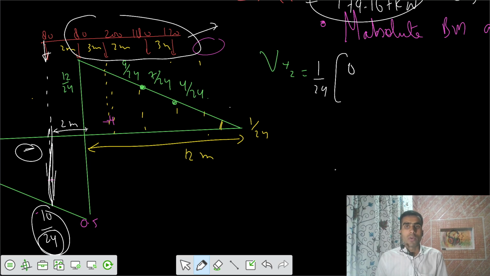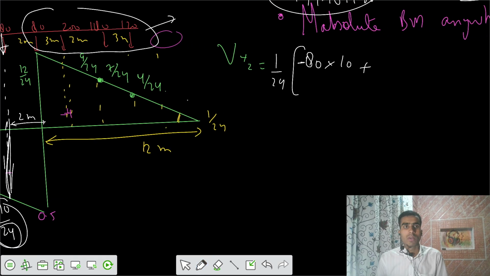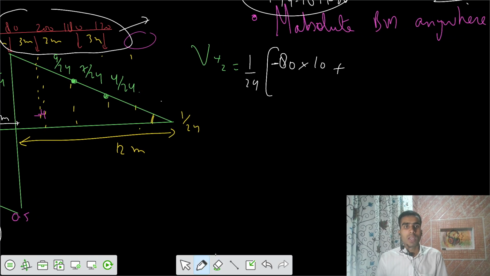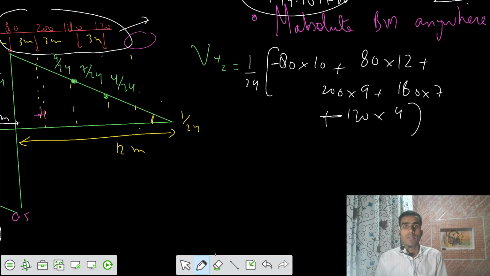So your 80 kilonewton negative into ordinate of 10, plus then after that all positive values: 80 into 12 by 24, plus 200 into 9, plus 180 into 7, plus 120 into 4. So we have these values, and we can get the value of V2 positive, that is equal to 154.167.